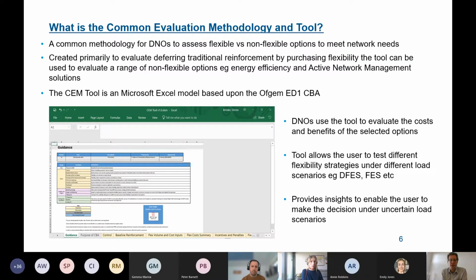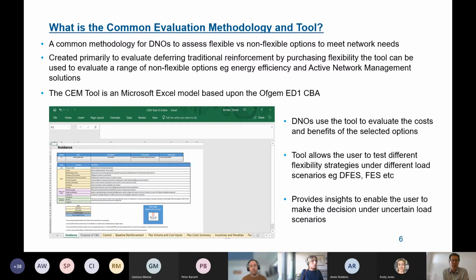So, a common question is, what is the common evaluation methodology and tool? And as I said, it is a common methodology that all the DNOs can use to evaluate those flex and non-flex options that they may be faced with when they are considering how to develop their network.